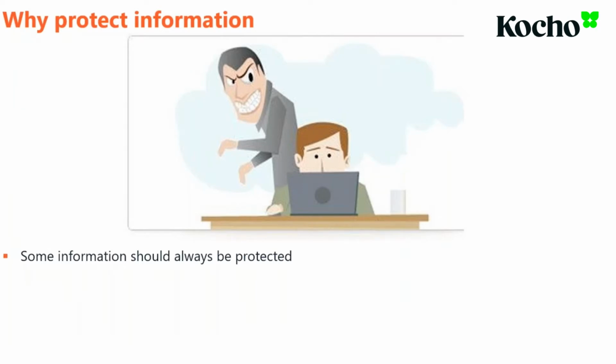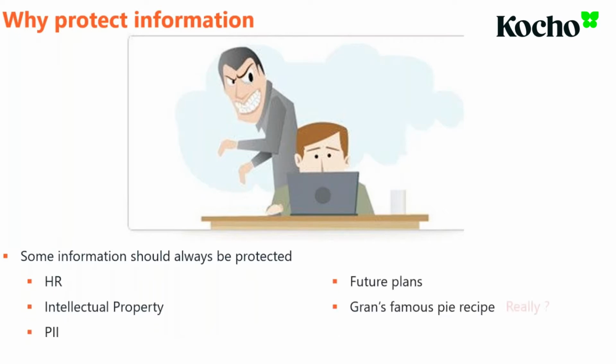So why do we need to protect information? It's a bit of a daft question, really, because we all know that some information needs to be protected. Now, in some cases, that could be things like HR information, payroll information, but we can summarize it reasonably well. Intellectual property, personally identifiable information, things along those lines, future plans for an organization, and Gran's famous pie recipe.